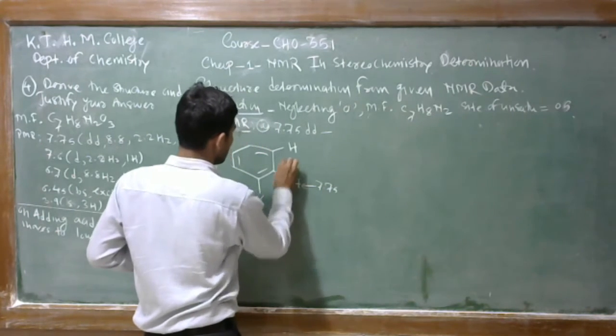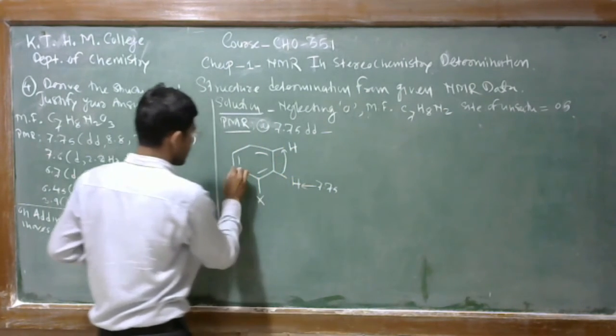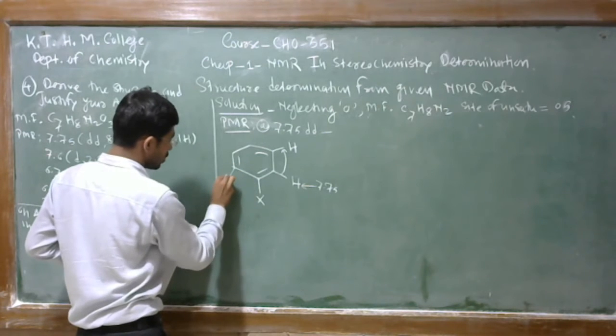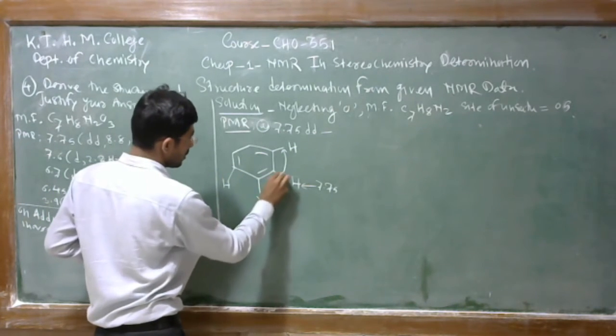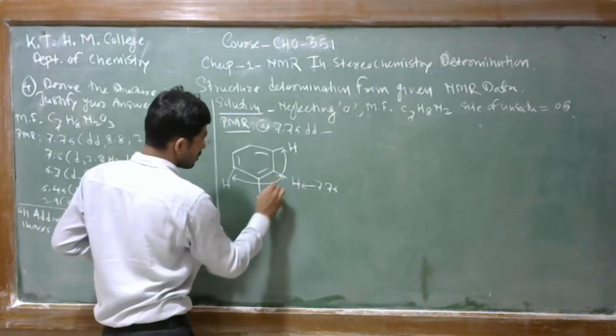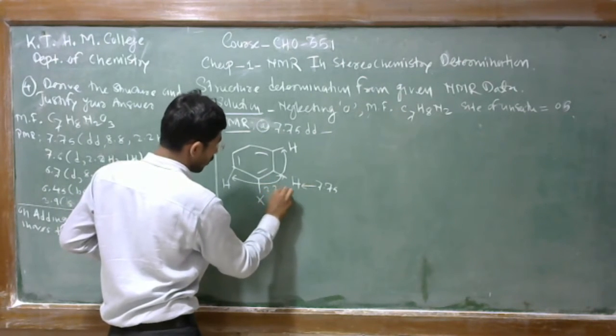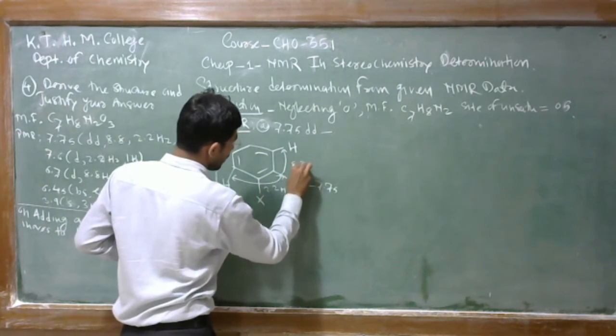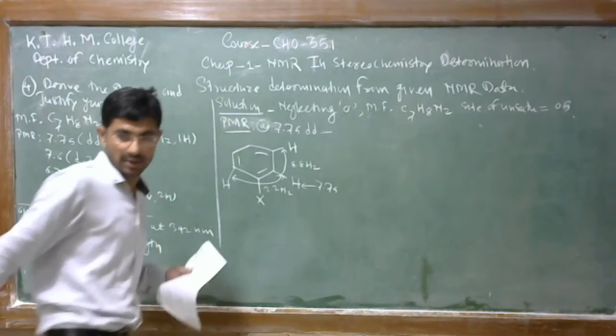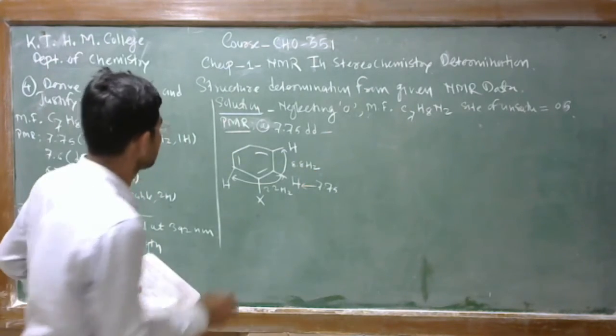So this shows 7.75, doublet, and maybe at this position a proton is present. So this also shows the meta coupling 2.2, and 8.8 Hz. So like this, this situation is present.